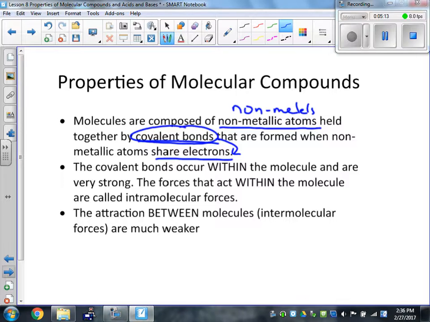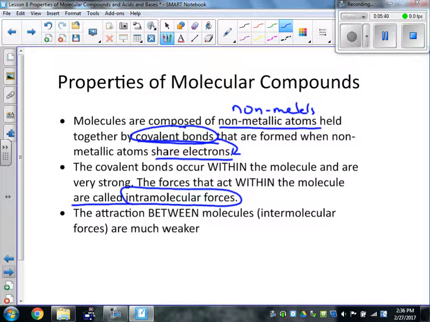The forces that act within the molecule are called intramolecular forces. Intra. Okay? So if you're an introvert kind of thing, you're about yourself, you think about what holds me together. That's intramolecular. Intra. Okay?